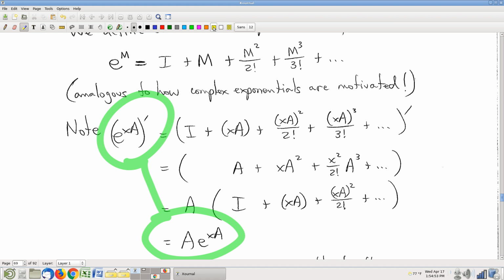Y'all remember way back when, in Calc 1, that when you take the derivative of e to the power of x times a constant, okay, sure, it was a scalar constant back then, but that constant just factors out, or pops down there like that, and that's exactly what happened here. Right?